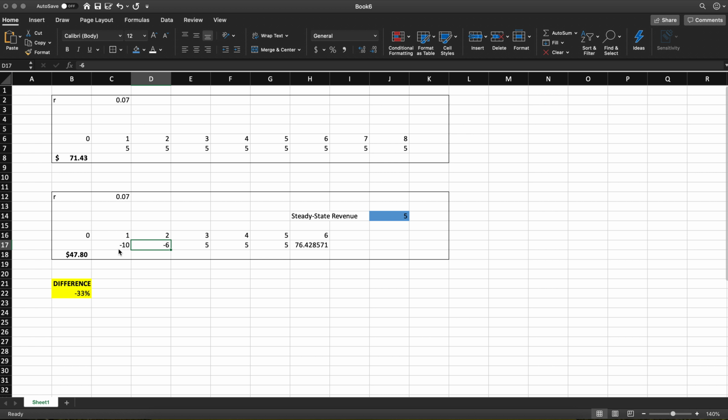And so in year 2, more people are taking cruises, but not that many. You could still see a price decline of 33%. Especially if you got a little riskier and you wanted a 10% discount rate, you could see the stock go down 62% in the short term.